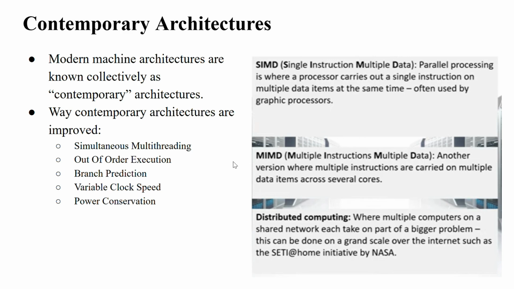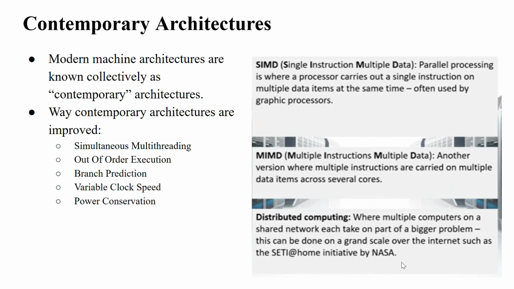Some forms of contemporary architectures would be single instruction, multiple data, SIMD, where parallel processing carries out a single instruction on multiple data items at the same time, often used by graphics processors, or multiple instruction, multiple data, MIMD, where multiple instructions are carried out on multiple data items across several cores, or distributed computing.